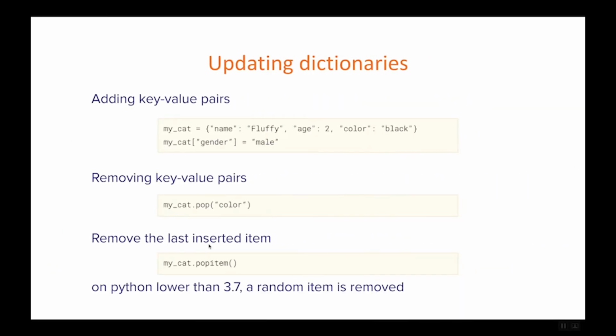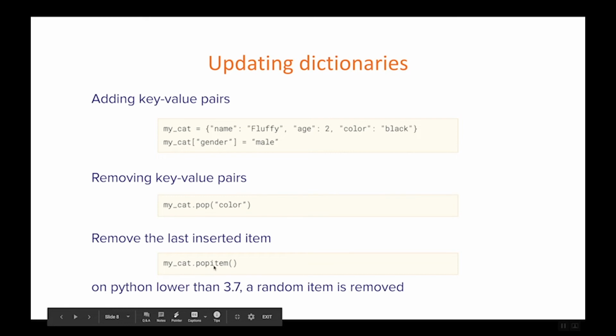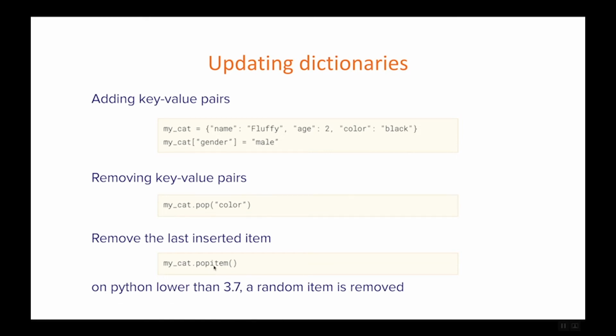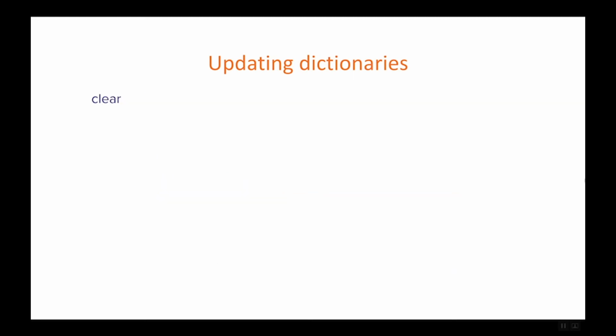Now, just a word of warning, this popitem function was introduced in 3.7. So if you're working with a version that's lower than 3.7, a random item will be removed. In 3.7 and onwards, which is what I'm using, the latest item will be removed from the dictionary. Now, there is a way to clear all the information from the dictionary and just leave an empty dictionary, if you need to do that.